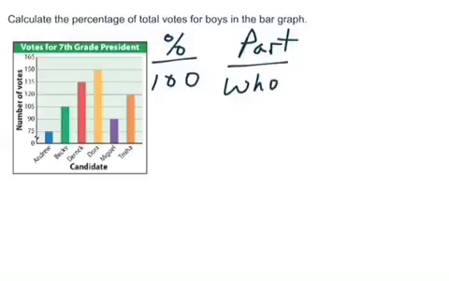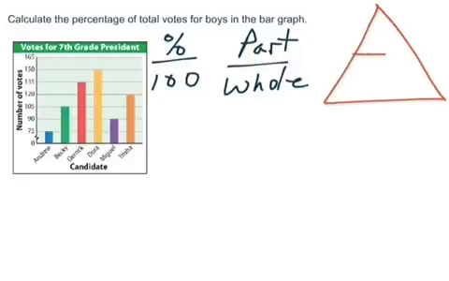And to solve, we draw a triangle with the part at the top, the percent here, and the whole here, and then it's division and multiplication to help us when we solve.